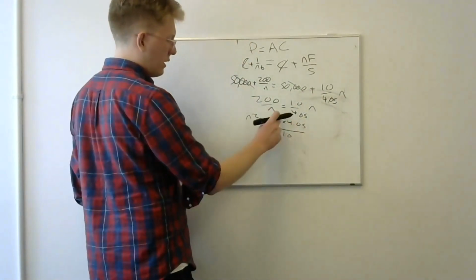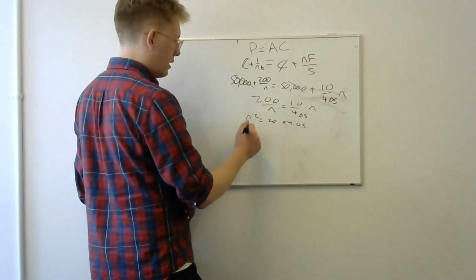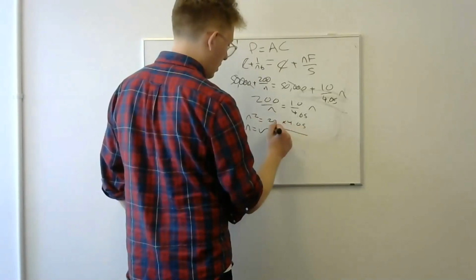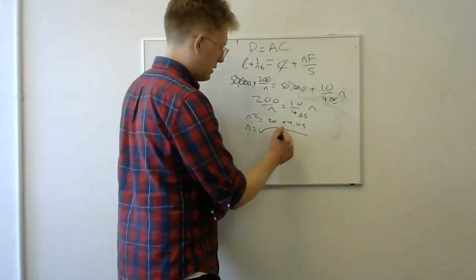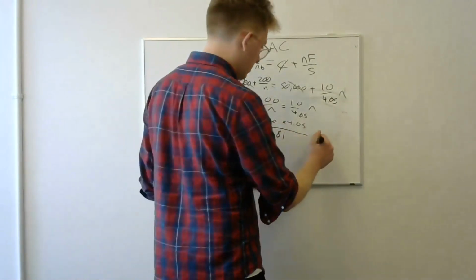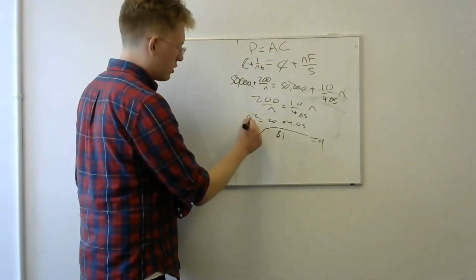I can cancel out a 0 here with the 10, so I'll just be left with this. And then to get N by itself, I'll just take the square root of both sides, so N squared will be equal to 20 times 4.05. You can note that that's equal to 81, which of course is 9 squared, and so the square root of 81 is equal to 9. So in equilibrium, we should have 9 firms.